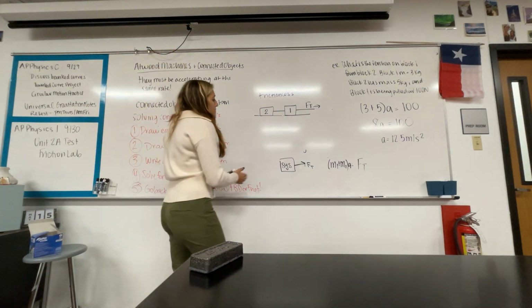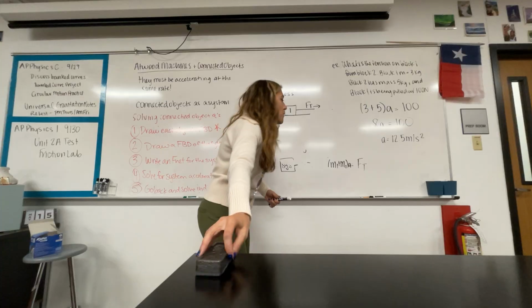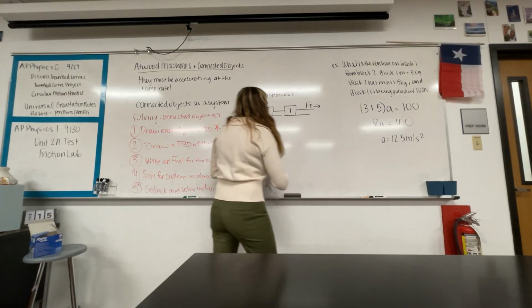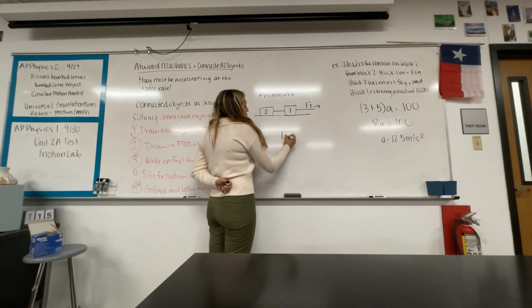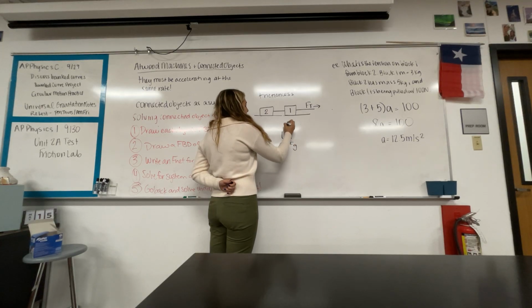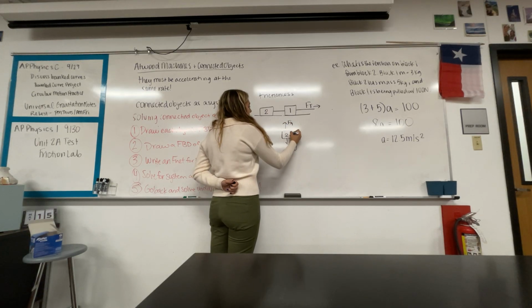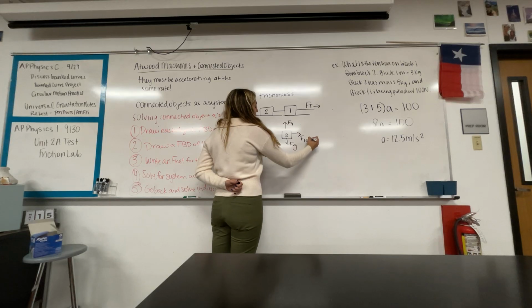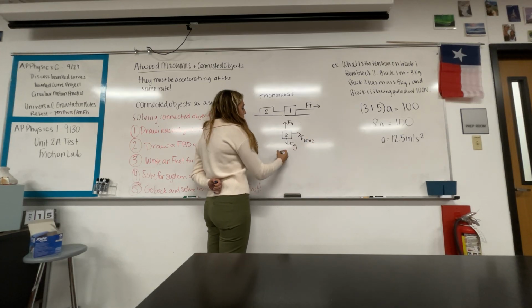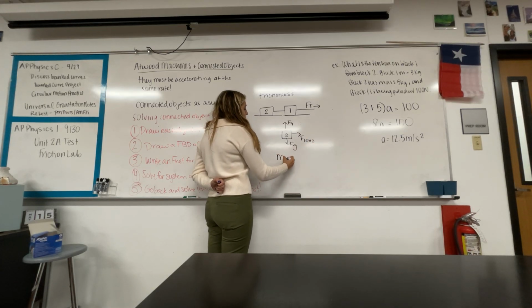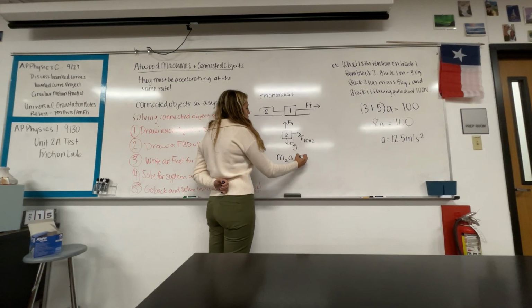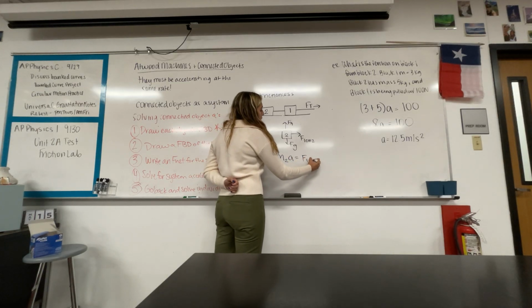But what I'm going to do is I'm going to say, okay. The free body diagram for 2 is Fg, Fn, and the force of 1 on 2. So the F net is mass of block 2 times acceleration is equal to the force of 1 on 2.